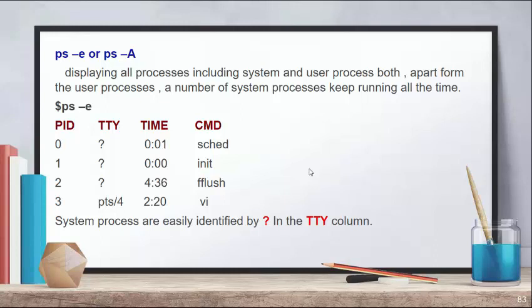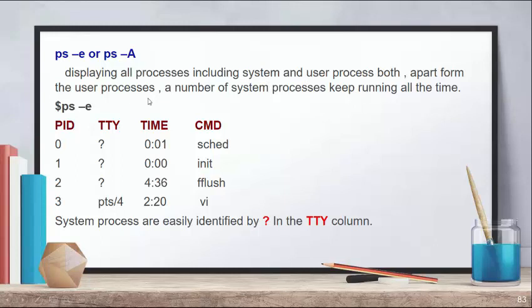If you want to display the processes of users with the system processes, आपको सिस्टम प्रोसेस भी जाननी है और यूजर्स की प्रोसेस भी जाननी है, दोनों जाननी है, then you can use -e or -A. That means it will display all the processes including the system and the user processes both.